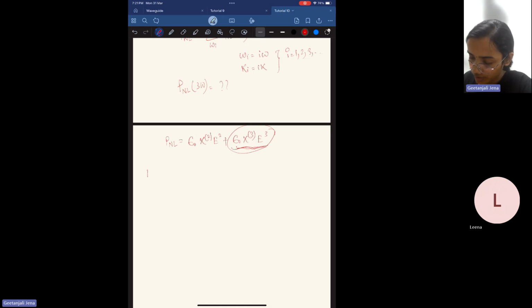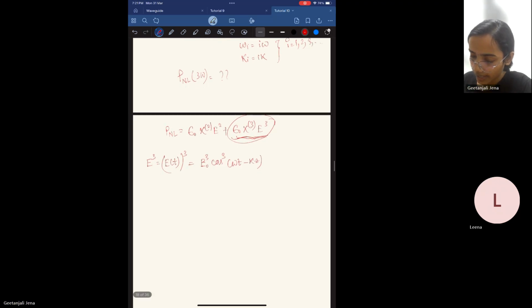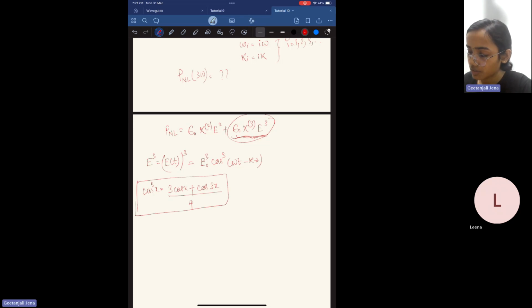We need to first find E cubed, which is the third power of E(t). E(t) is already given: E0 cubed cos cubed(omega t minus kz). And cos cubed x, if we recall, can be written as (3 cos x plus cos 3x) by 4. This is the trigonometric relation.